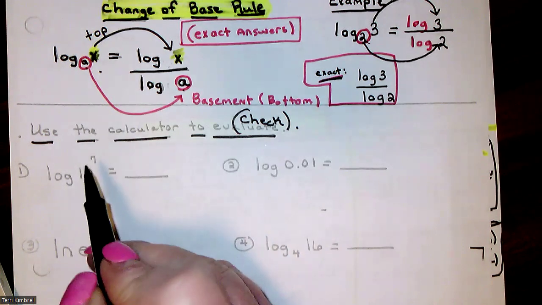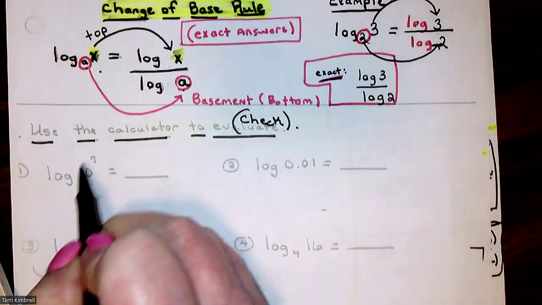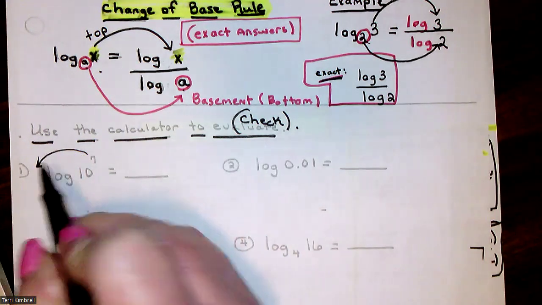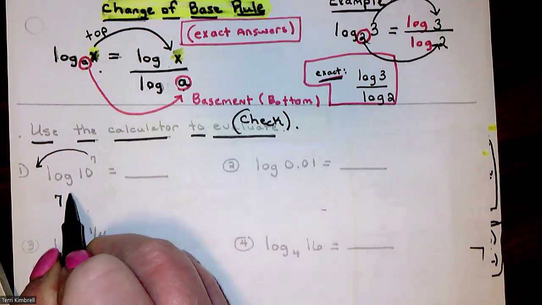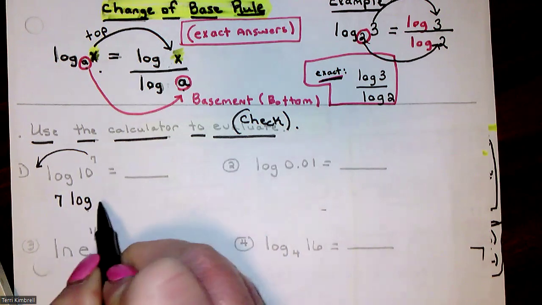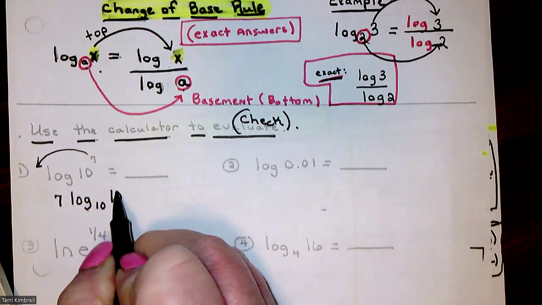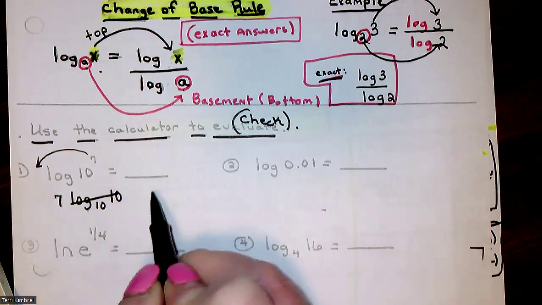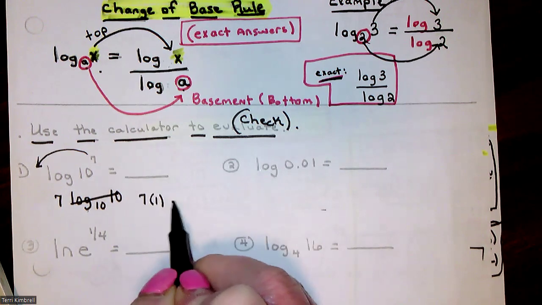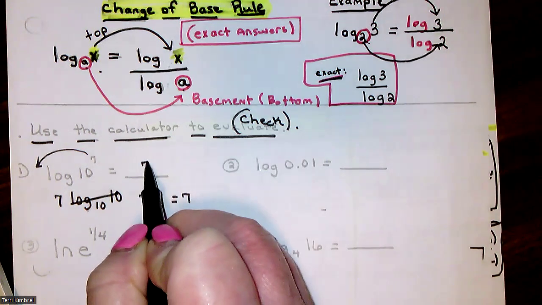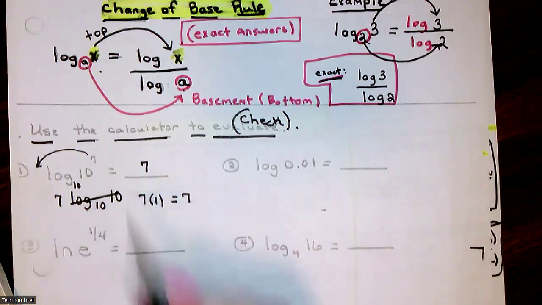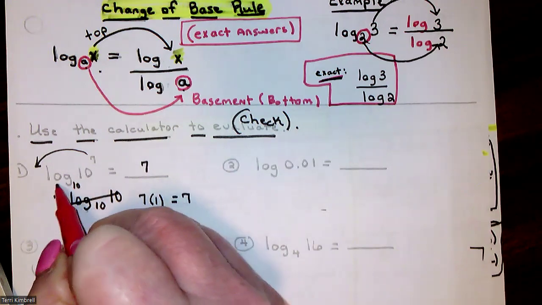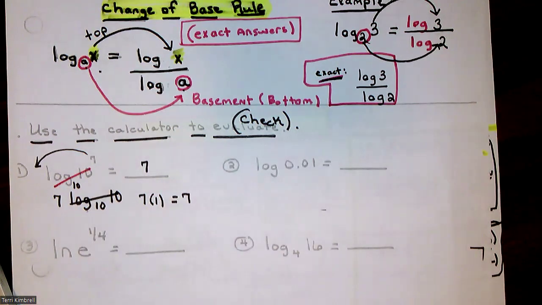So if you remember, I taught you that with these right here, you can drop that exponent in front and you could have your 7 log base 10 of 10. That's why that drops, because that's really going to be like your 7 times 1, which would come out to be 7. So when I was telling you guys about the cancellation laws the other day, those two are just going to cancel and you're going to get your 7.